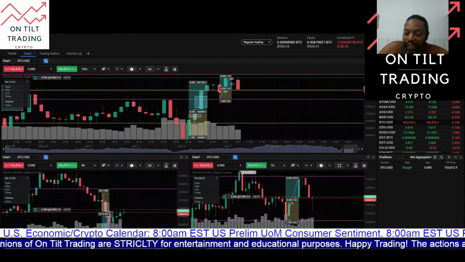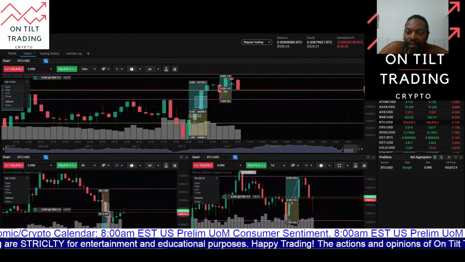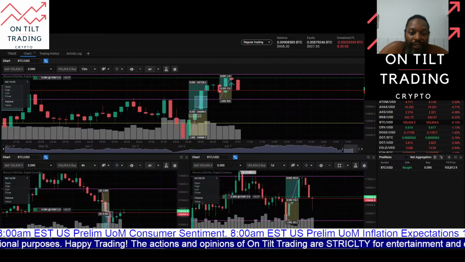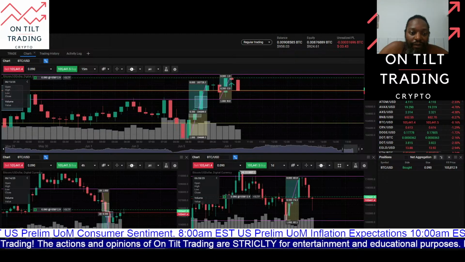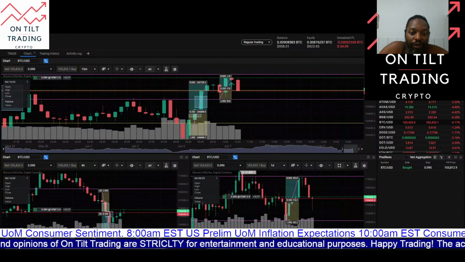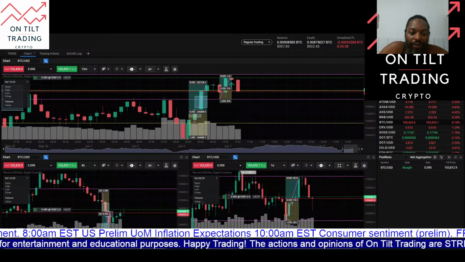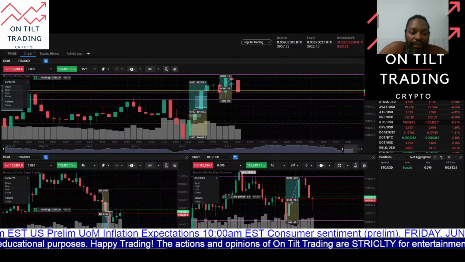But again, with the fact that this has not traded back down into equilibrium overall here on this structure, there's certainly a possible chance that this could fail.